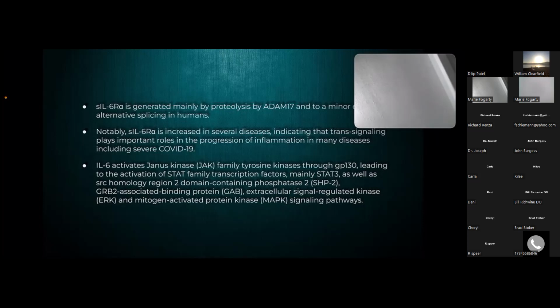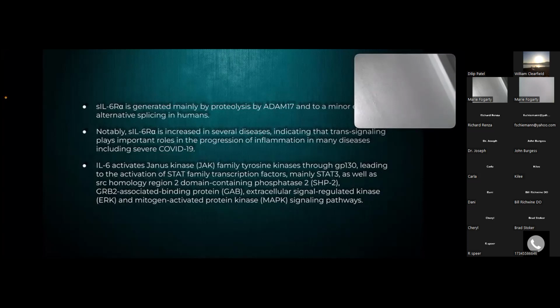It's strange, but Janus kinase. Janus is Greek for the two-headed god, G-O-D, and the faces face out. That's strange. So it's like a god that has a face going in this direction and a face going in that direction. And they refer to him in mythology as the god of, I'm using my words now, beginnings.